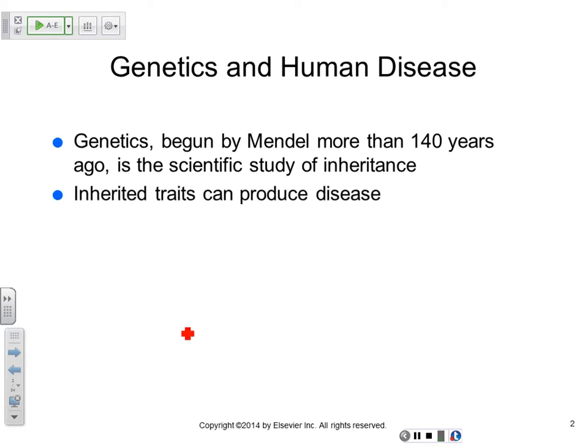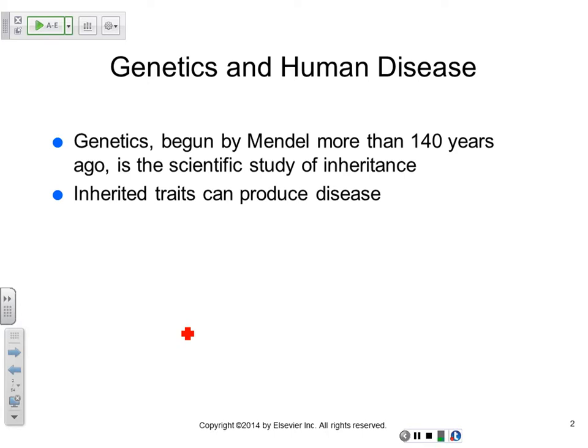Next, we're also going to cover some genetic diseases today. These genetic diseases can be inherited. These genetic traits can be inherited. But I wanted to point out that as we talk later on about genetic diseases, genes do not cause disease per se.